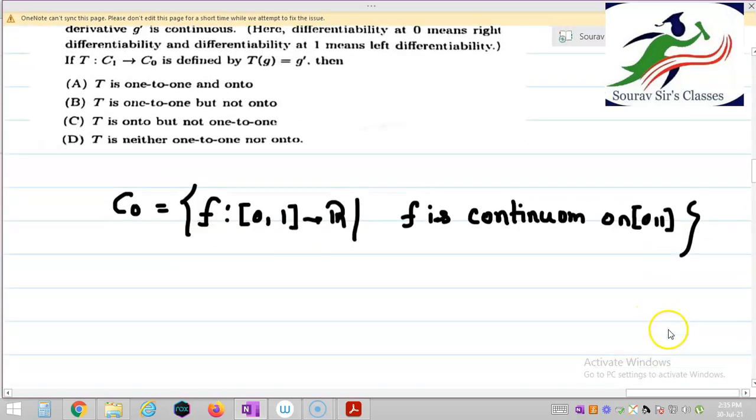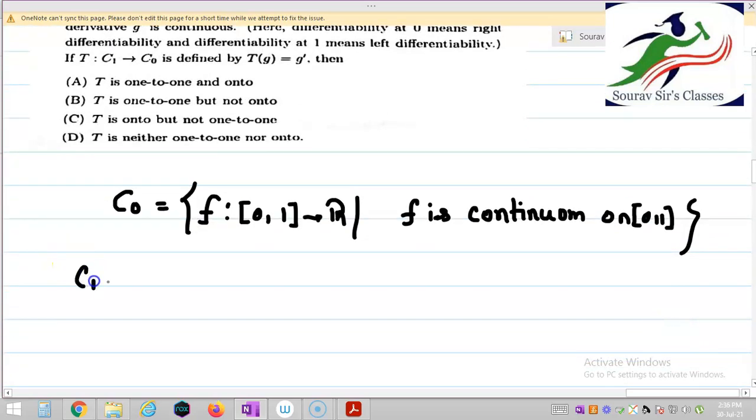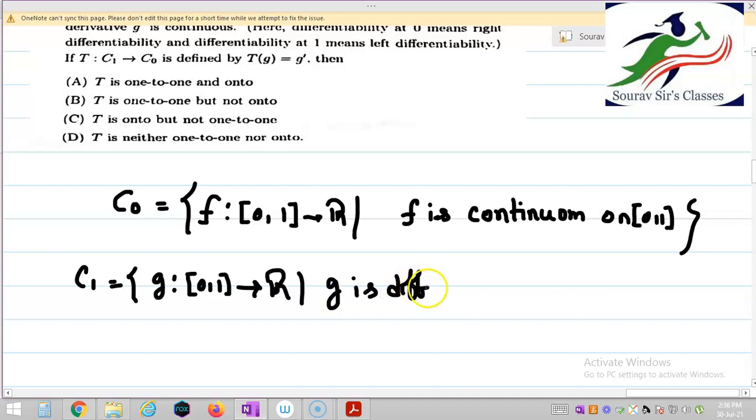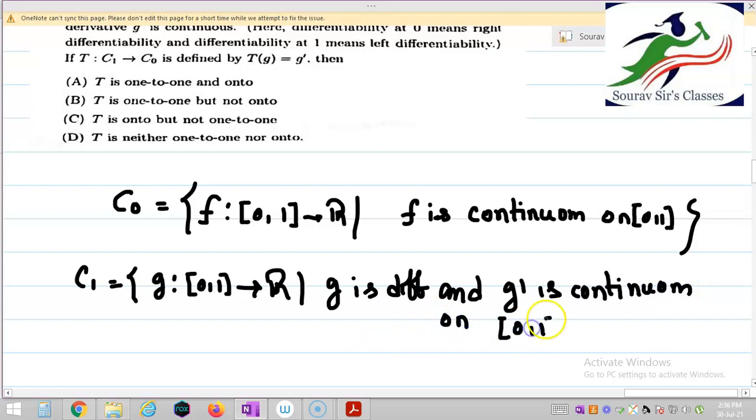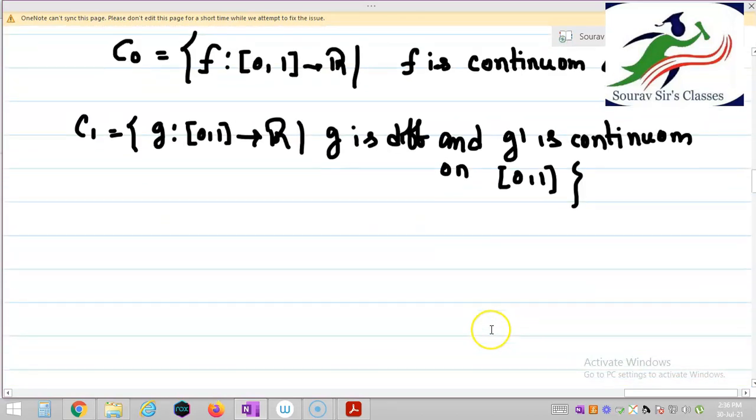This is C0, and C1 would be all such g from 0 1 to R such that g is differentiable and g dash is continuous on 0 1. This is C0 and C1. Now the mapping is defined by T of g is equal to g dash.